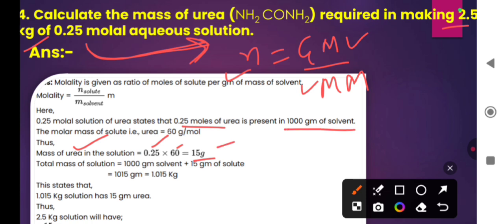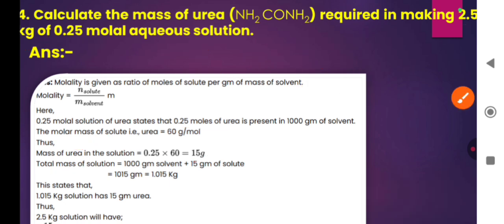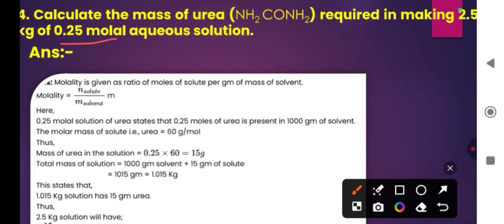And the mass of solvent is already given as 1000 gram according to the statement. So now, what is the total mass of solution? 1000 gram of solvent plus 15 gram of solute. You will get 1.015 kilogram. So now you have converted this molal into a solution.